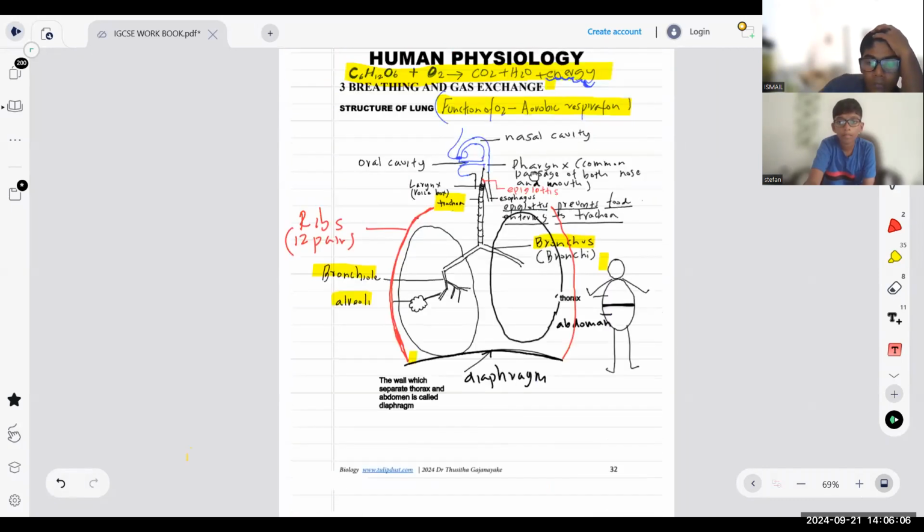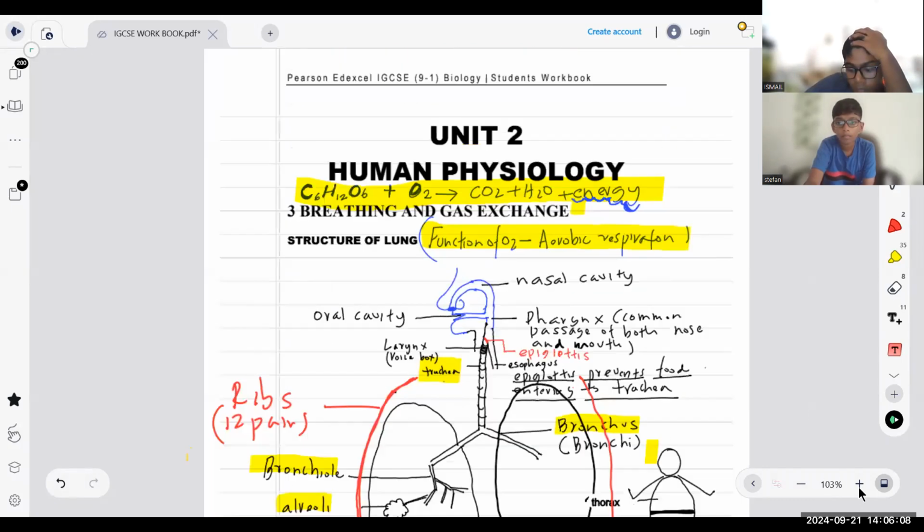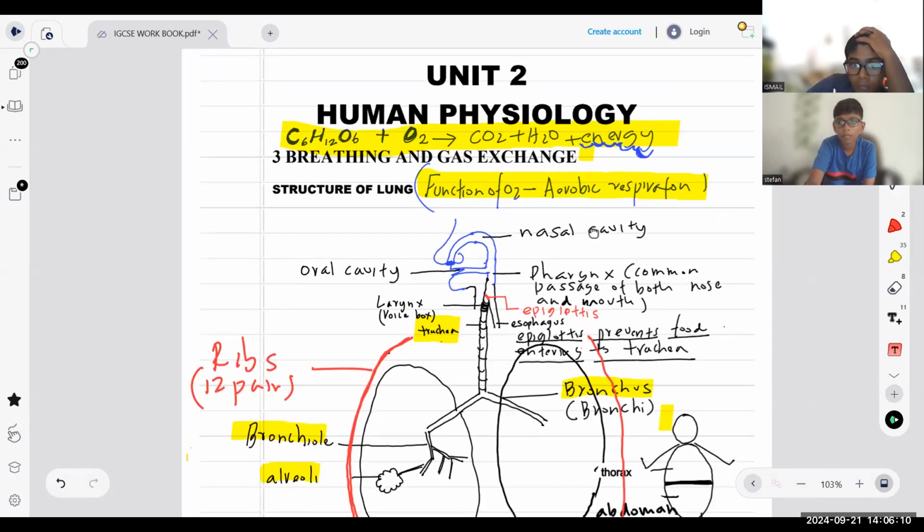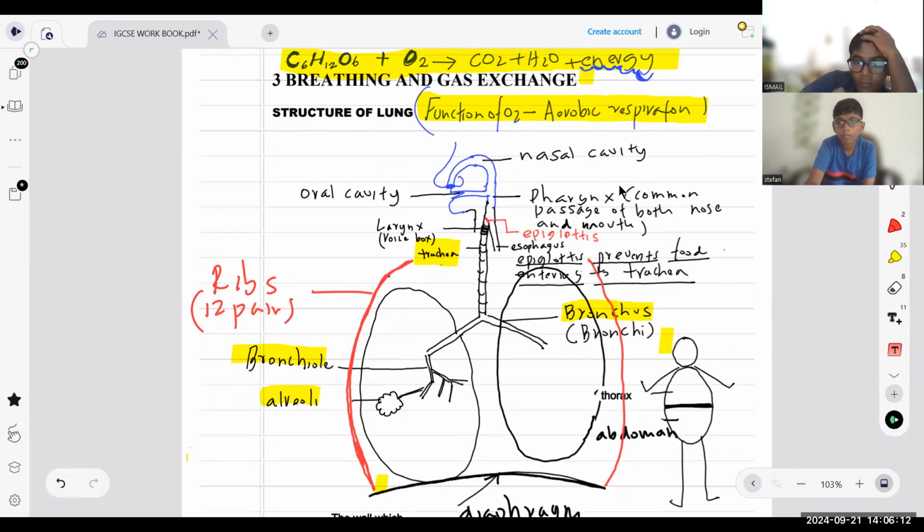Okay, let me again explain what we did so far. First we learned the structure of the gas exchange system. The main part is the lungs, and this one is the head region of our body: nose, pharynx, mouth, and epiglottis, and the start of the trachea and the larynx.